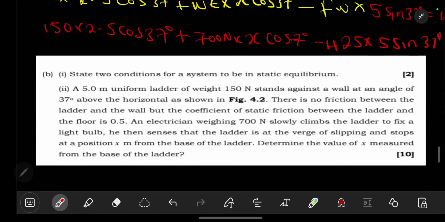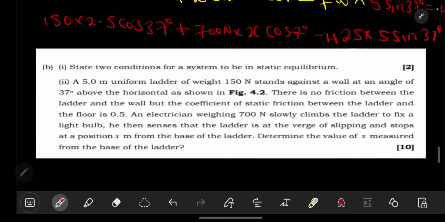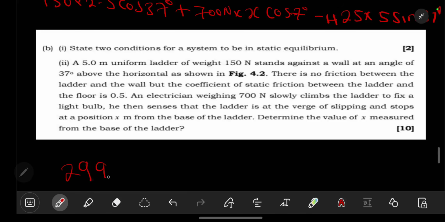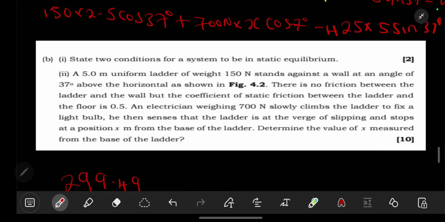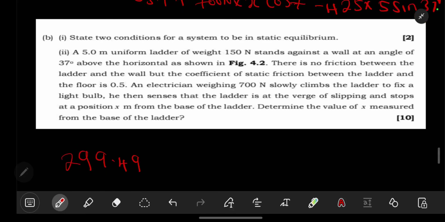So let's press. We have our 150 times 2.5 cos of 37. This is going to be 299.49. Then here, if you press 700 cos of 37, this is going to give us 559.04.